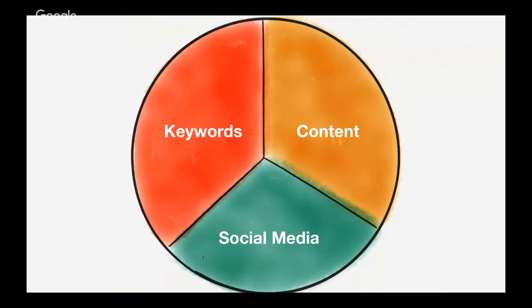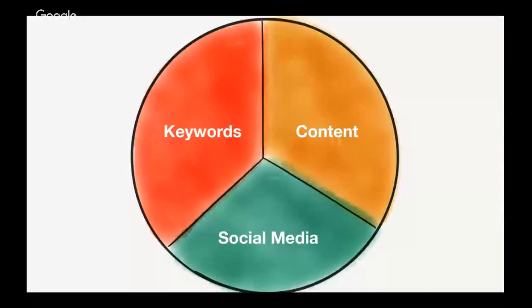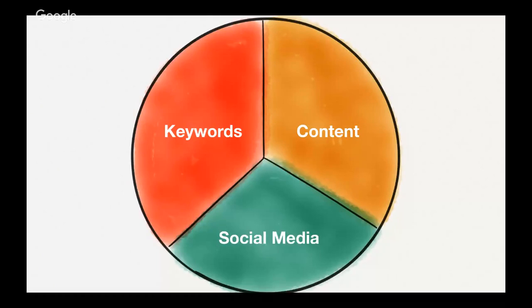And here is a very high-tech graph, or a pie, of the 3 major components of SEO. Okay, and as you can see, there's keywords, content, and social media. And at one point in time, keywords were a bigger piece of this pie.